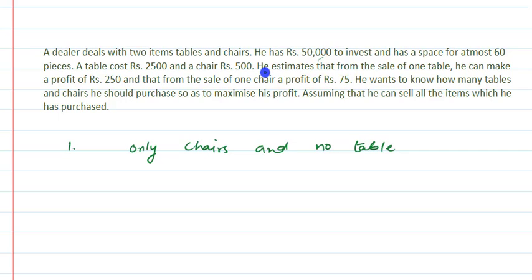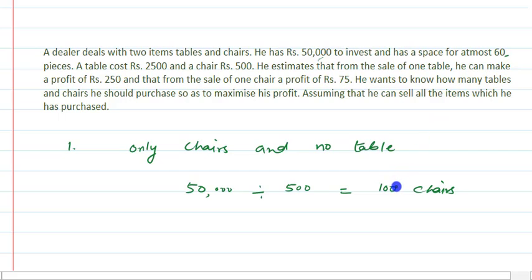As the cost of one chair is rupees 500, he can purchase 50,000 divided by 500, that is 100 chairs, but he is having space for 60 items only, so he is bound to purchase only 60 chairs.